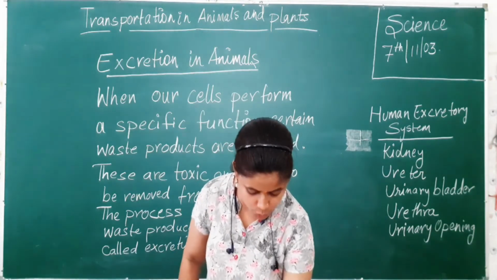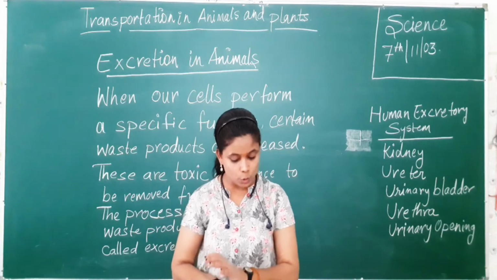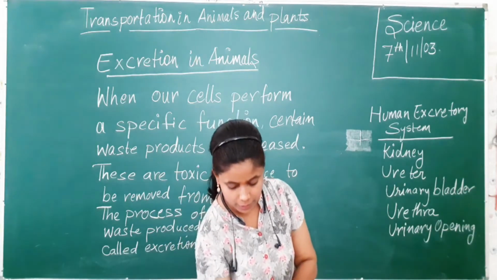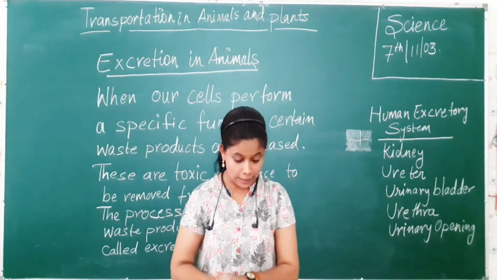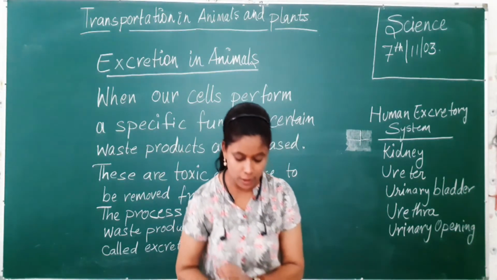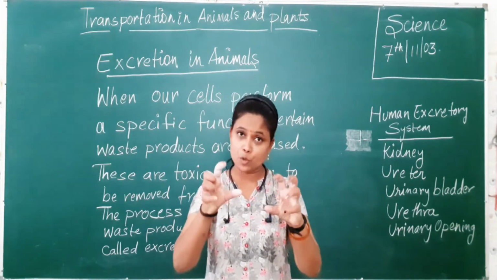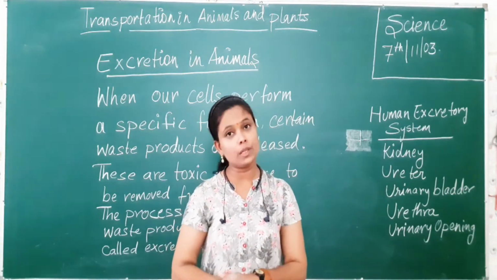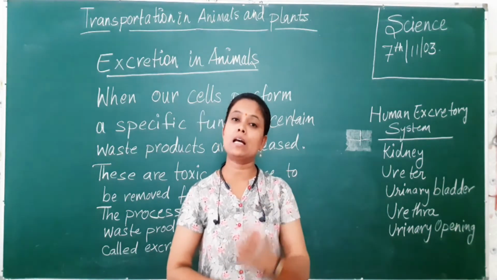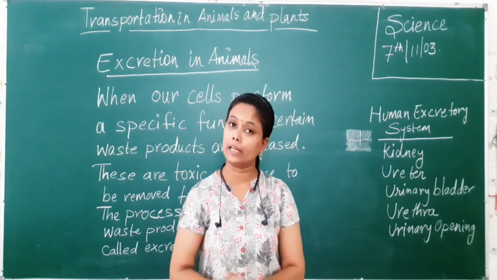So the kidney is used to filter the blood. The blood reaches the two kidneys. It contains both useful and harmful substances. Therefore, the useful substances are absorbed back into the blood. So as the blood enters the kidney, it does the filtering work.